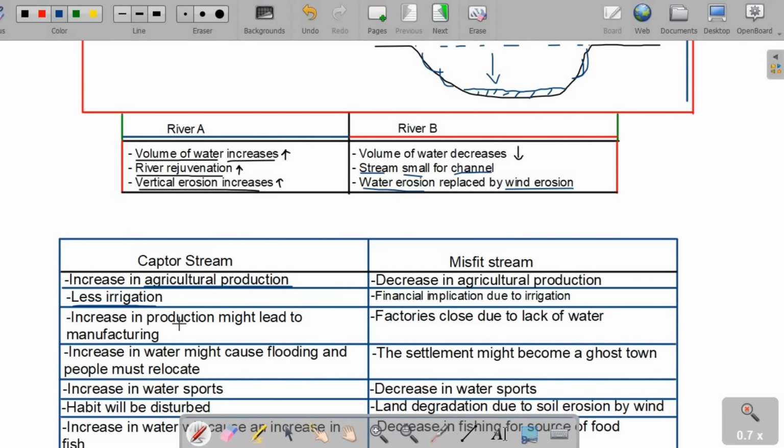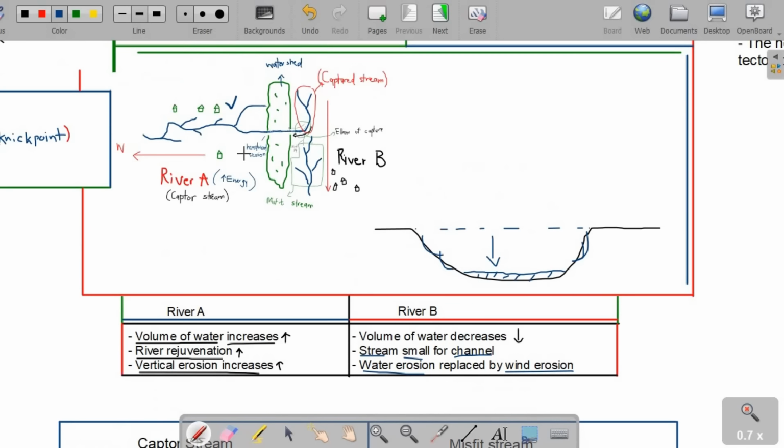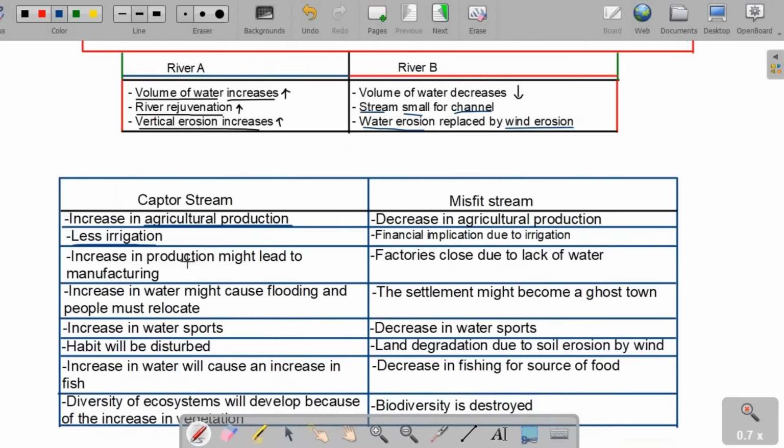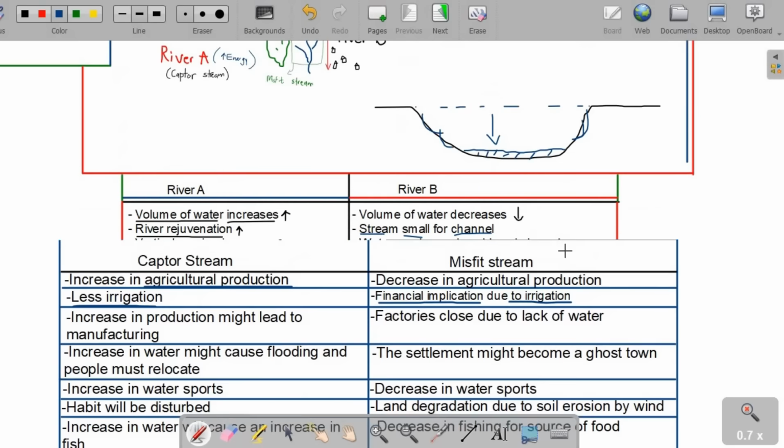Here we do not pay for water. We have water running right next to our houses, and it's a lot of water. So no more irrigation, no more paying. Whereas the misfit stream, well, they have to pay for water to keep up with what they have been producing.